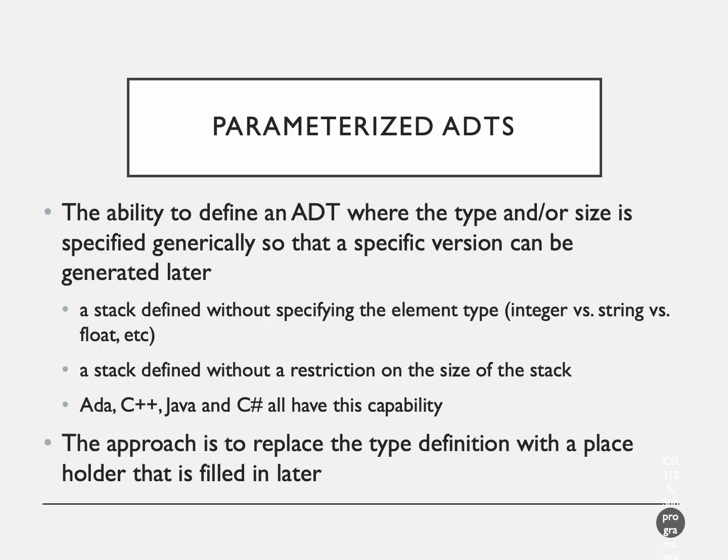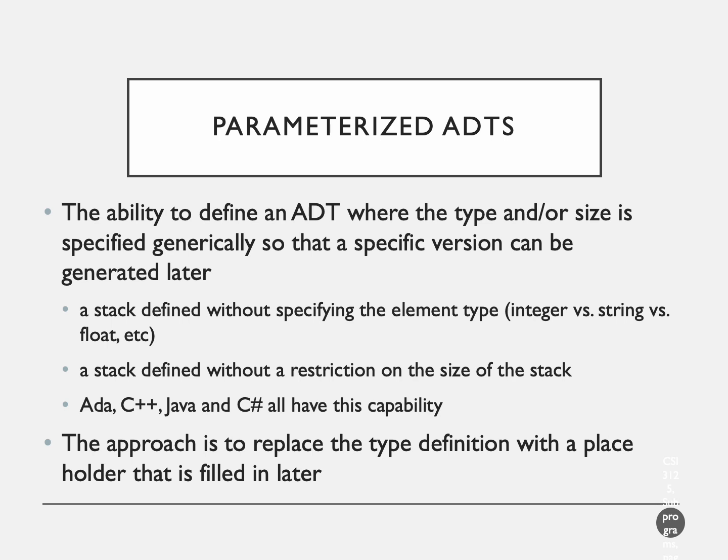Okay, next let's explore parameterized abstract data types. This concept allows us to define a generic ADT where the types of elements and sometimes even the size are not specified upfront, but instead provided later when needed.